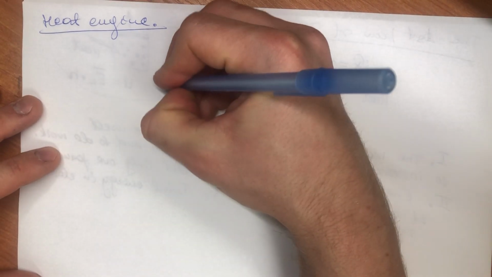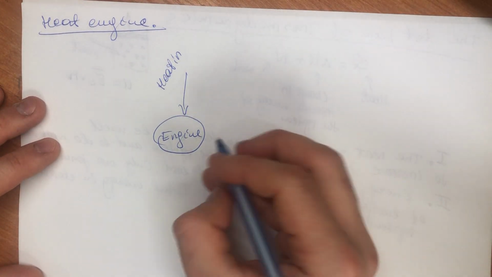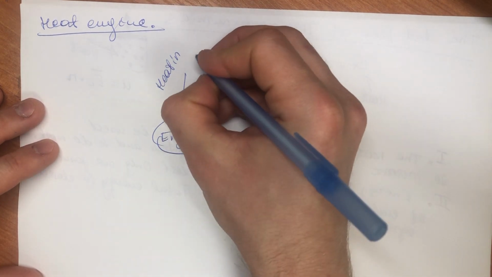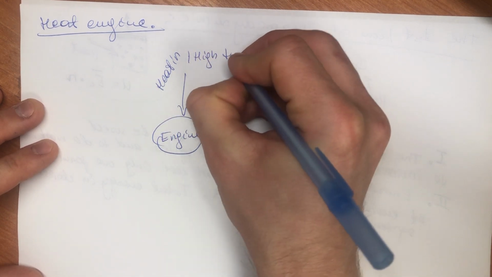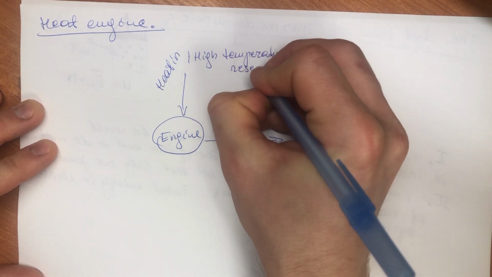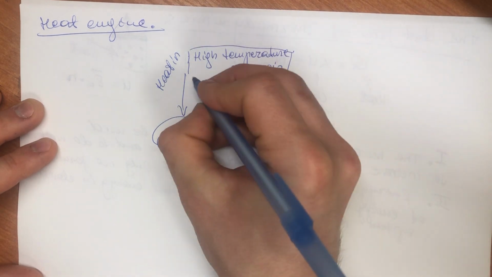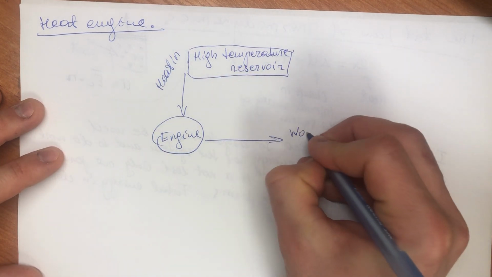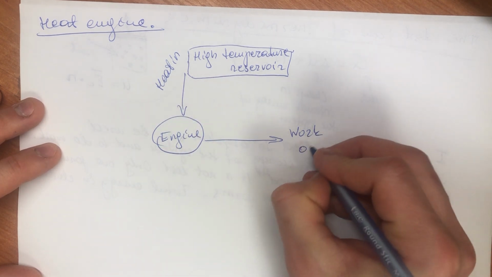So heat comes in. Where does it come from? From a high temperature reservoir. In this engine, heat energy is turned into work, so work goes out.